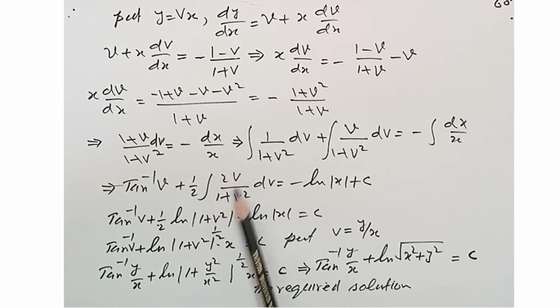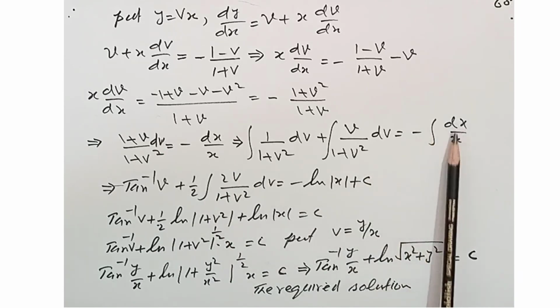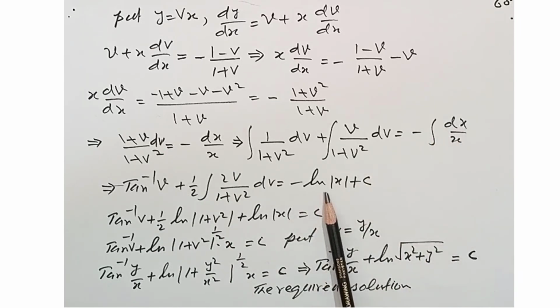So the integral of this is 1 by 2 log of (1 plus v square), and integral of dx over x is log of x. So by arranging this we have tan inverse v, and this 1 by 2 will be the power of this, and by property of log these terms will be multiplied: log of (1 plus v square) to the power 1 by 2 times x equal to some constant.